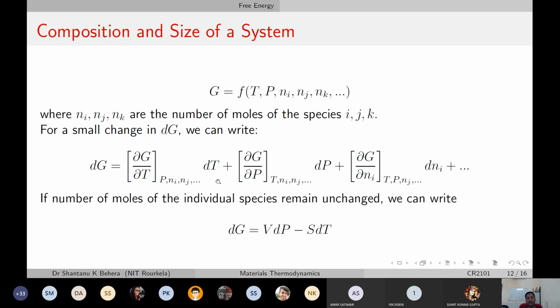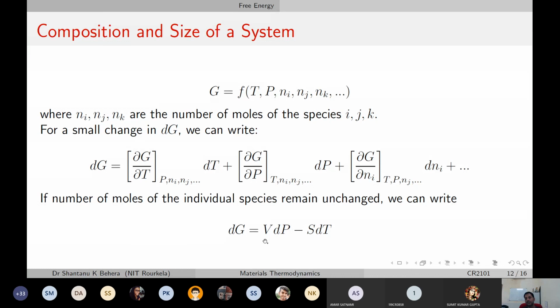And you keep on adding all of those things, right? And then when nothing of these individual species change, then you simply write something which is dG is VdP minus SdT. That's what we call a closed system, right?